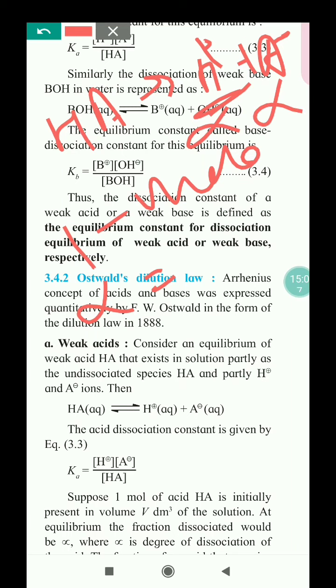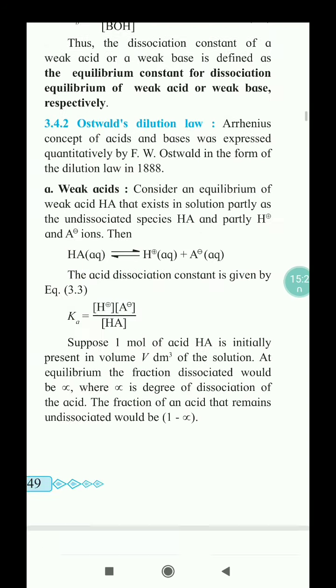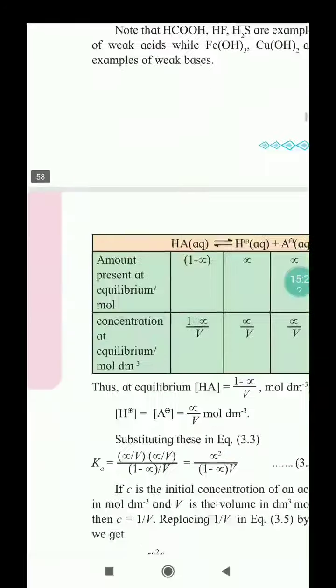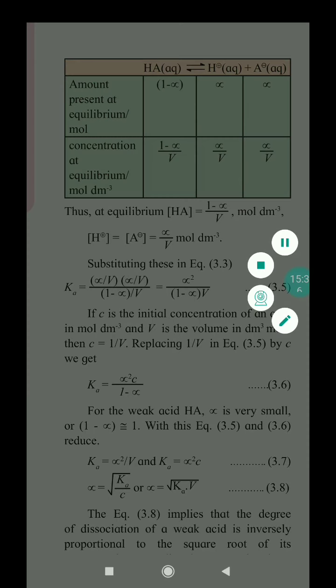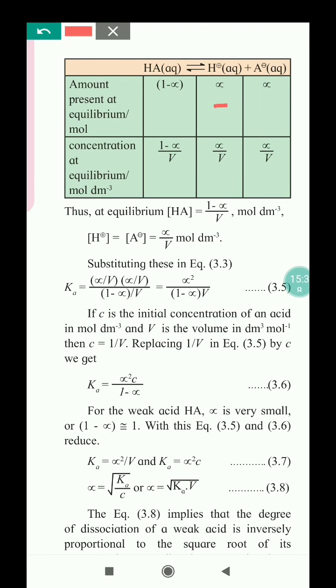The remaining undissociated HA molecules are 1 minus alpha moles. Now HA on dissociation gives H positive and A negative. The amount of HA present at equilibrium is 1 minus alpha, then H positive alpha, A negative alpha.